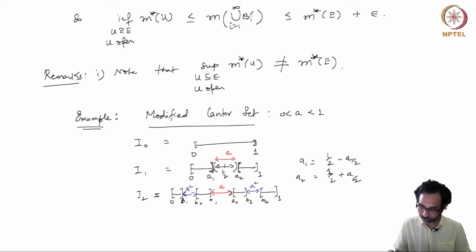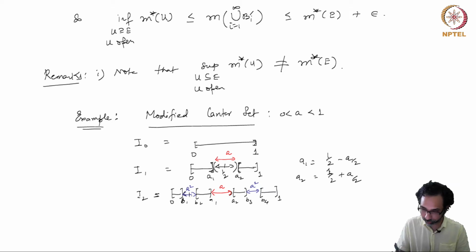So of course here I am taking a, a positive number between 0 and 1, and at each subsequent step we are removing subintervals of smaller and smaller length, because when you take higher powers of a it becomes smaller. So the first one was a: at I1 we removed a subinterval of length a centered at half. In the second case we removed a subinterval of length a squared but centered at A1 by 2.